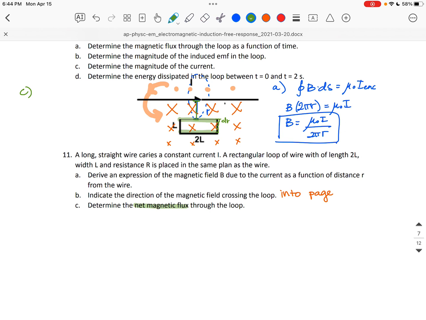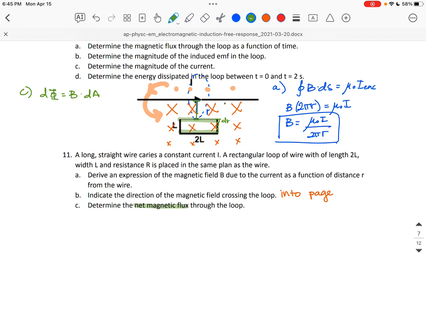So let's start with a piece of the flux, d flux. We know that's B dot A. And in this scenario, since we're taking pieces of the area, I'm going to put B dot dA. Cosine theta is the angle between the normal on the loop and the magnetic field, which is 0, and so cosine 0 is just 1.